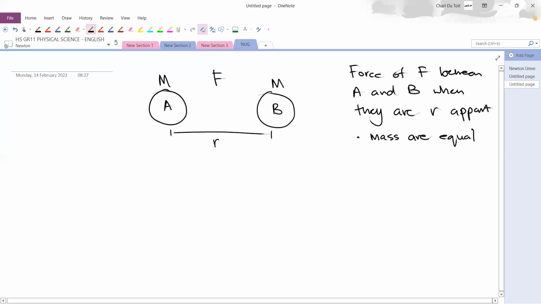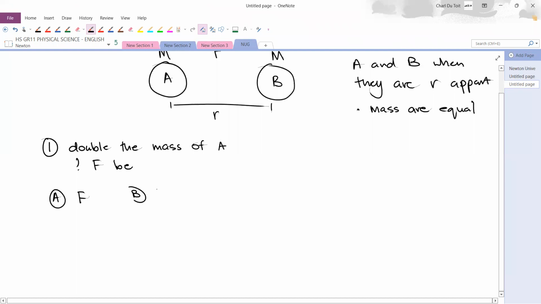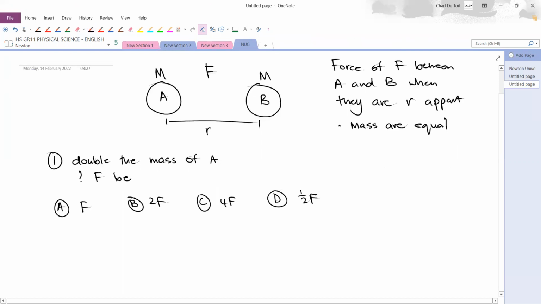Okay. Now what I'm going to do, I'm going to double the mass of A. What will the force be? A, the force will be F. B, the force will be 2F. C, the force will be 4F. And D, the force would be half F. Okay, now they're going to ask you which one is correct.